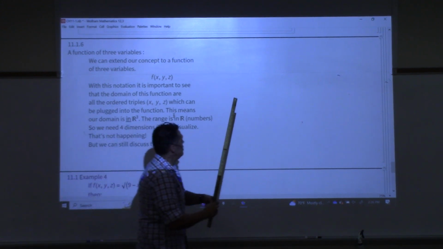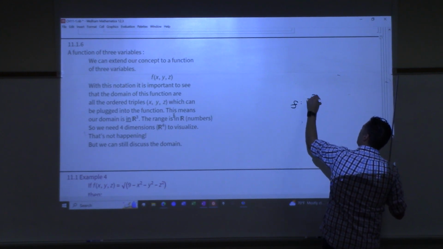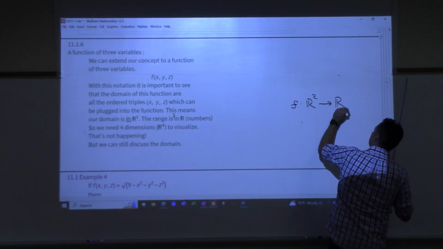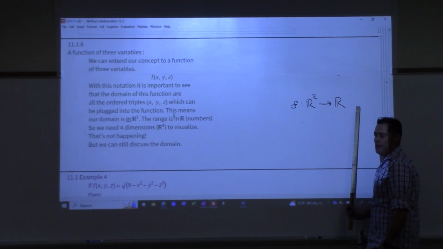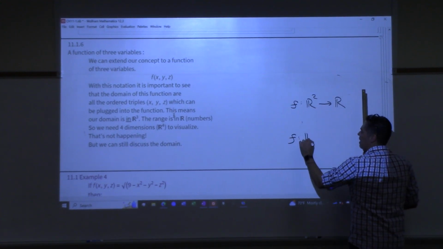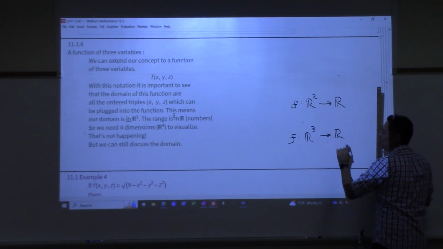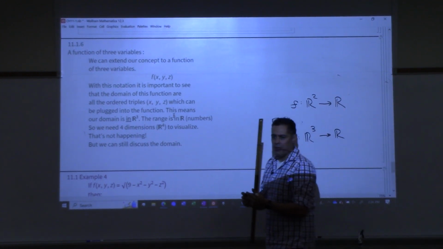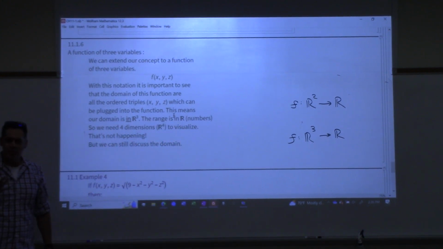So we had a function that took in a point in two-dimensional space and spit out a point in one-dimensional space. And we needed 3 dimensions to do that. But there's nothing stopping us from defining a function that takes a point in 3-dimensional space and spits out an answer, right? Nothing.